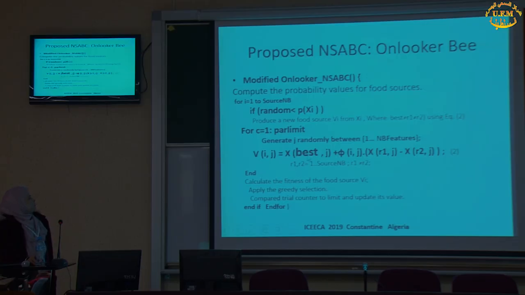Here we try to improve the exploitation process by using the best solution, and also involve more features in this code. We calculate the fitness function, apply greedy selection, and update the value of the counter.